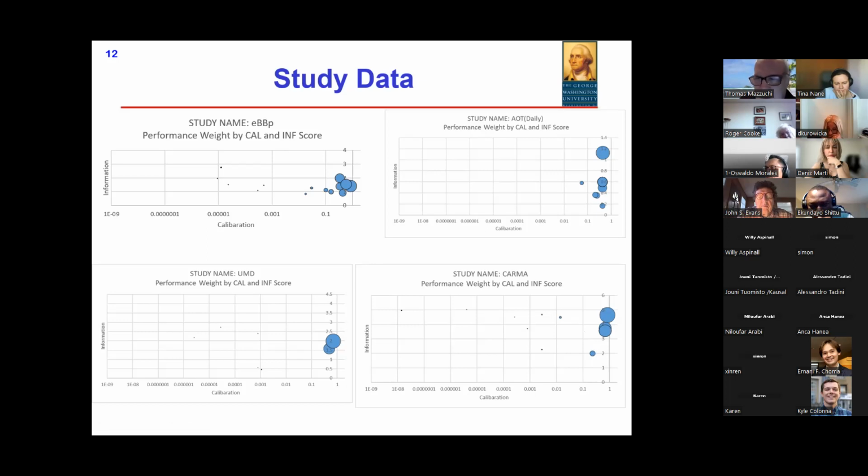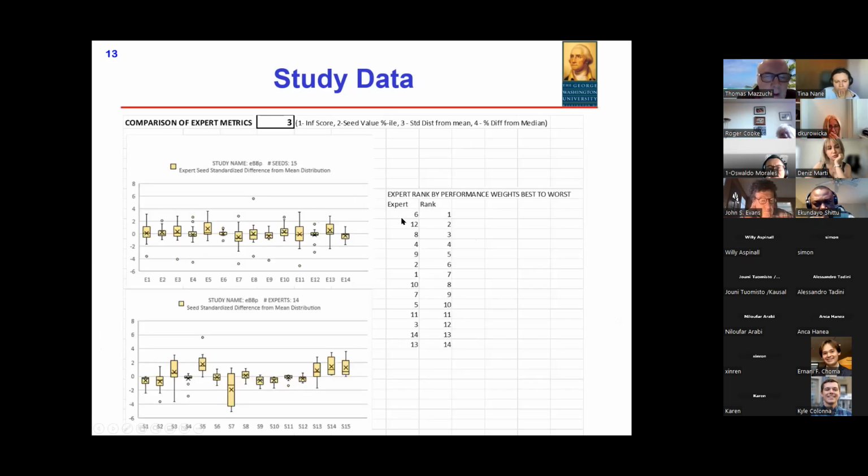Some of them might be times 10 to the minus 5 or whatever, but they're all non-zero because these are not weights that are globally optimal. These are just the performance weights. But it's a nice way of looking at how calibration and information affect the weight size and comparing that for different studies. So I put a couple of them up here just to give that feel.